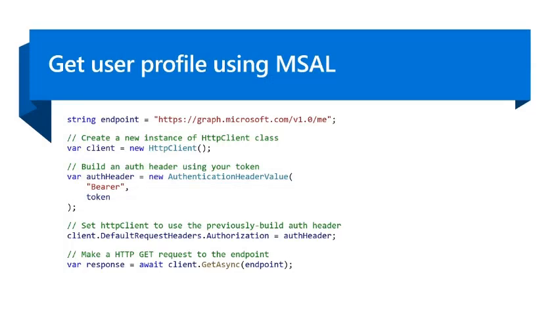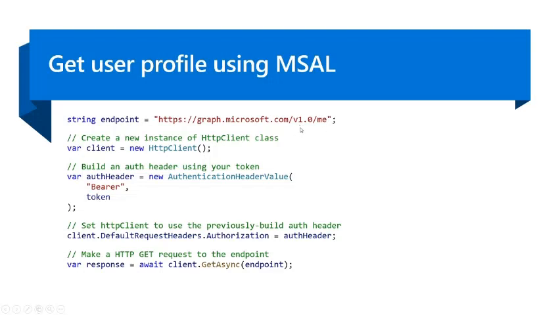Now as you have signed in, you need to have the user profile information about the user. After you have the access token, then you can call the web API. Your app will use the token as part of the HTTP bearer authorization header to construct an HTTP request and then execute the request. Here we are getting the user's profile by using graph.microsoft.com/v1.0/me.